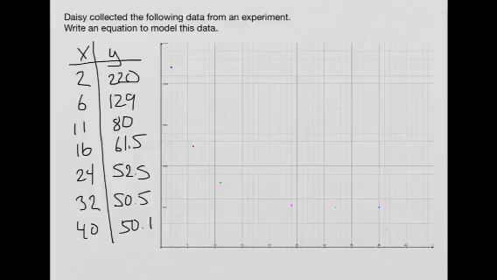As we look at the scatter plot, we notice it looks like a nice exponential curve, which is what you would expect considering this is a problem about exponential functions, but we still got to take a look and check. And the important thing that we're going to notice on this one is that it doesn't level off at 0.